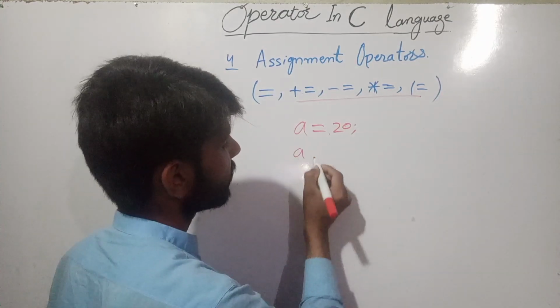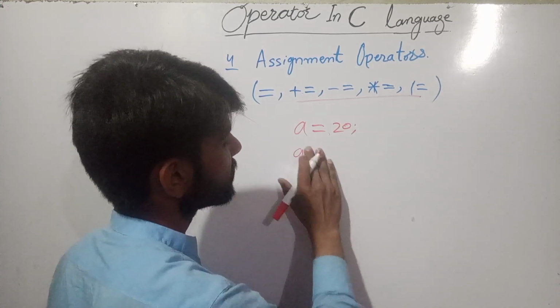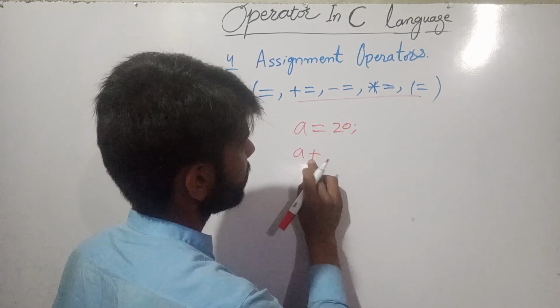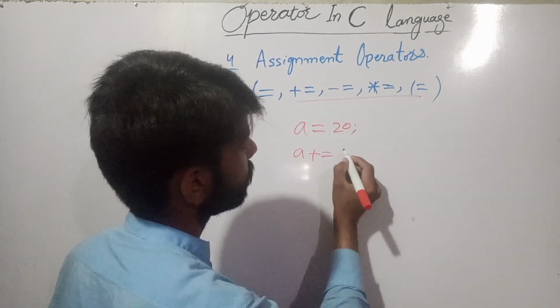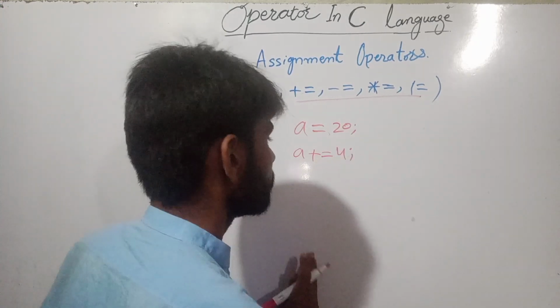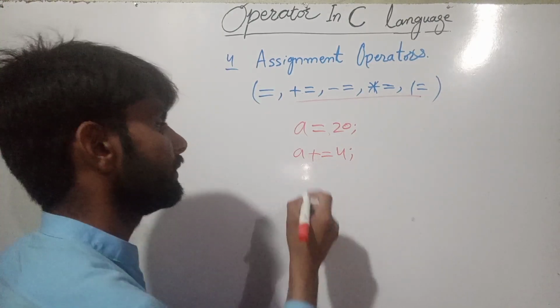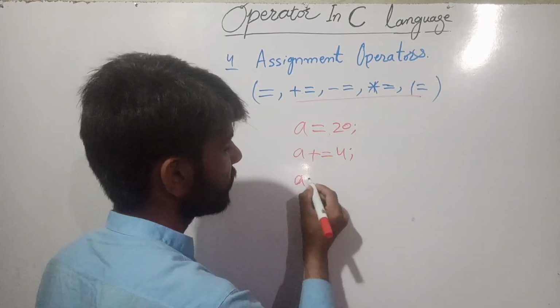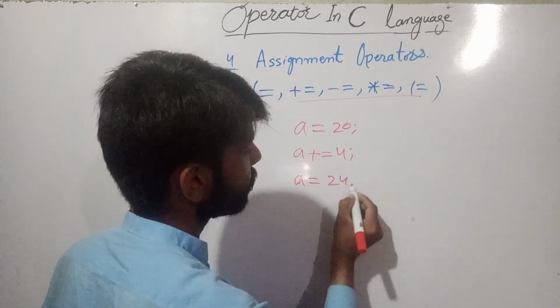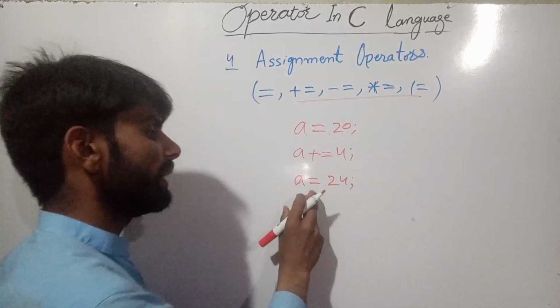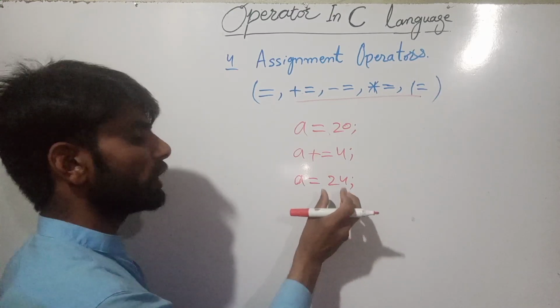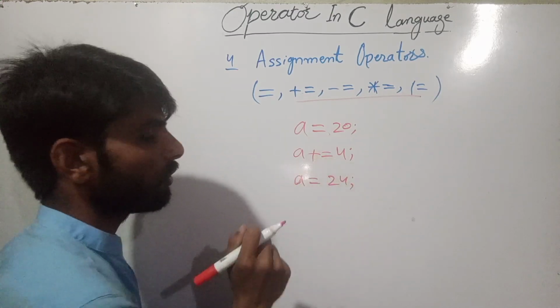Next I'll write a plus equal 4. That means this is an increment of 4. Now this variable becomes 24, right? So now the value of a will be 24 because this is an increment of 4.